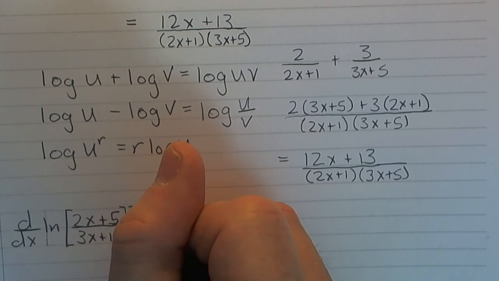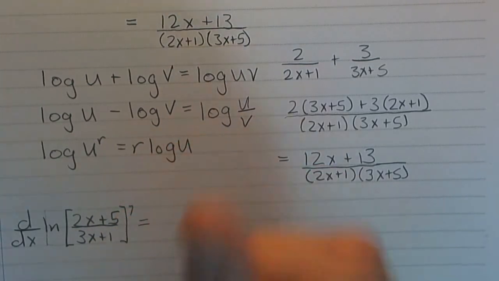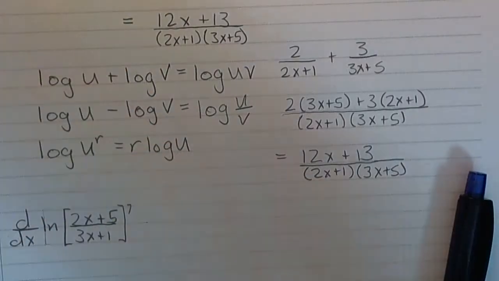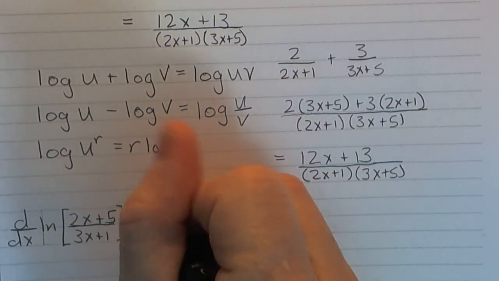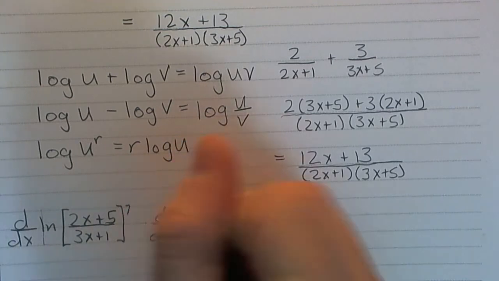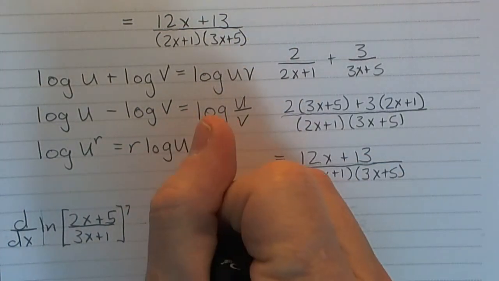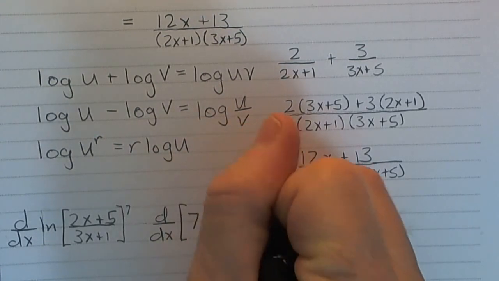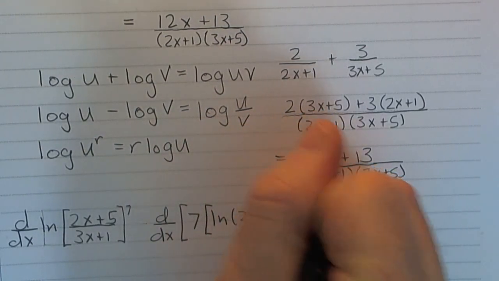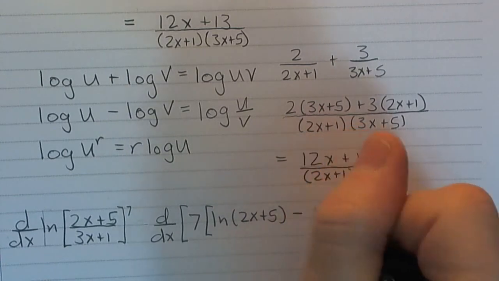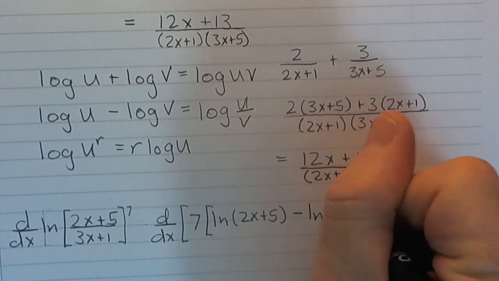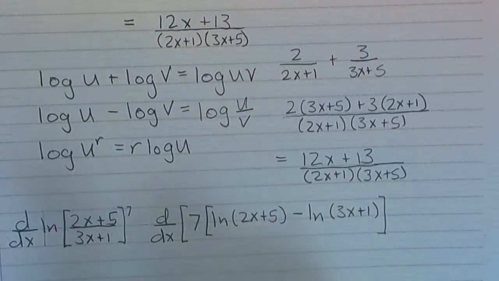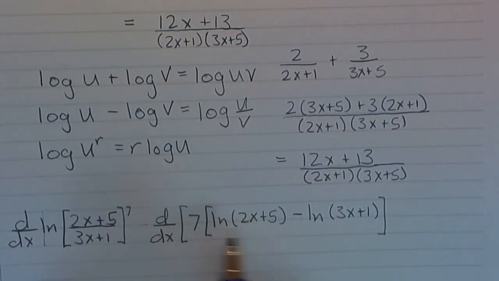However, what if we write it this way? What if I first of all view it this way? I'm going to take the derivative of 7 times log of 2x plus 5 minus log of 3x plus 1. Now you might think, well, how did this happen?